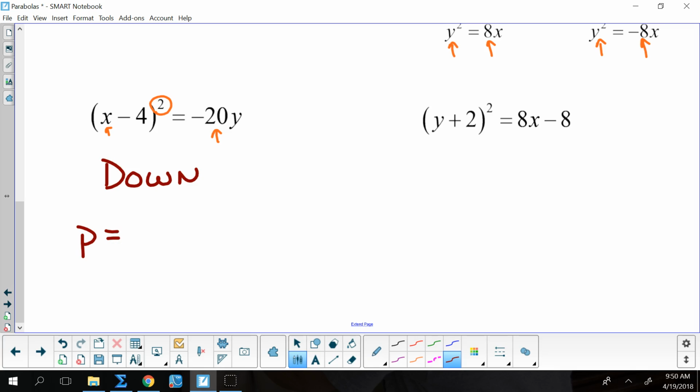Because it's a distance, p is going to be positive, so p is 5. Really, what I did here was I did 4p equals negative 20 and divided both sides by 4, and I get p equals negative 5. But because we defined p as a distance, we just made it positive.